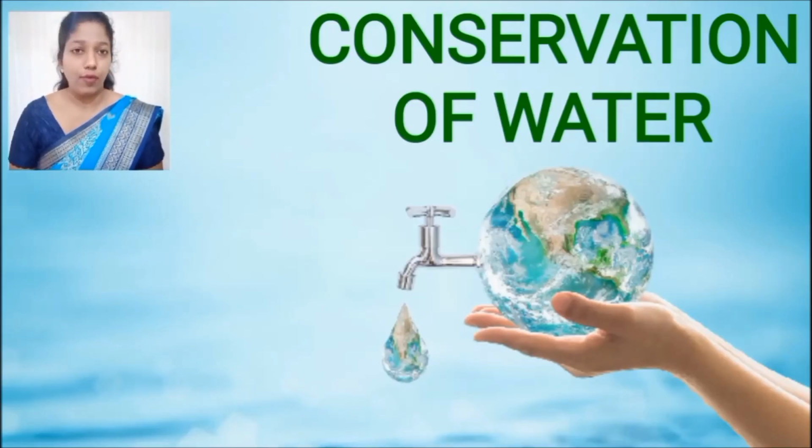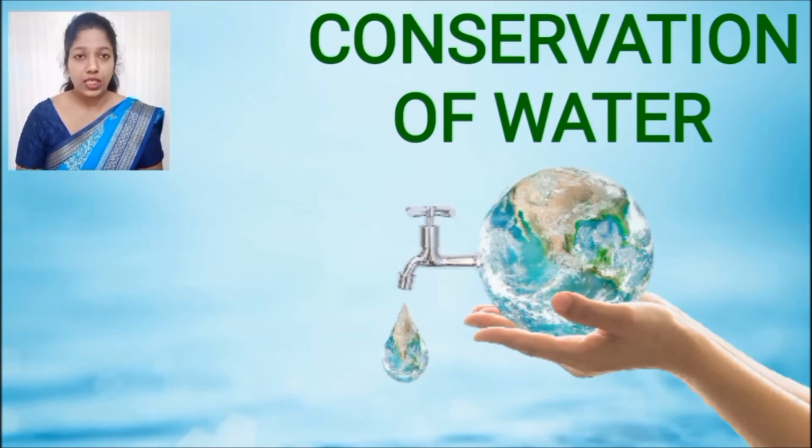What is conservation? Conservation is the protection of the natural environment. Why should we conserve water? Water is very precious and we should use it carefully. We should make efforts to keep water clean and not waste it.